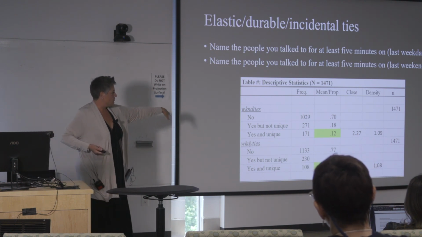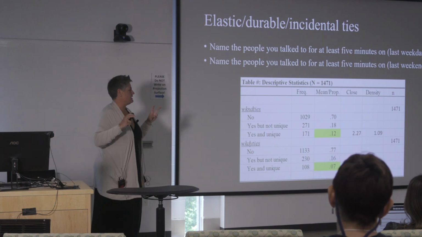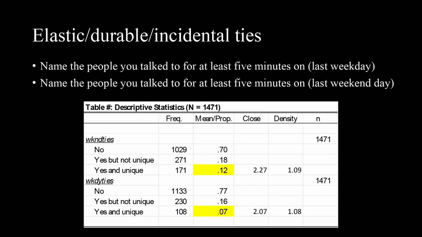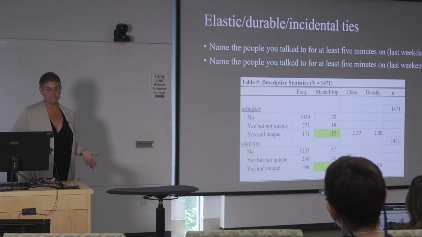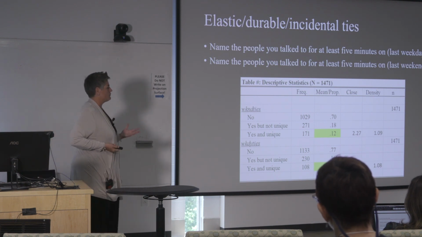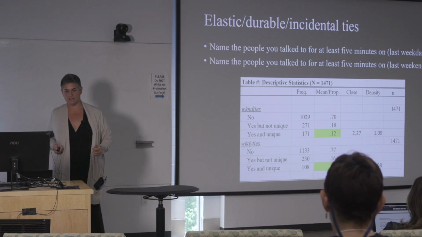So 1029 were not these incidental weekend ties. 271 were, but they weren't unique, so they were picked up in some other name generator. But it did elicit these 171, or 12%, of alters that were unique, that we didn't pick up with the other name generators.